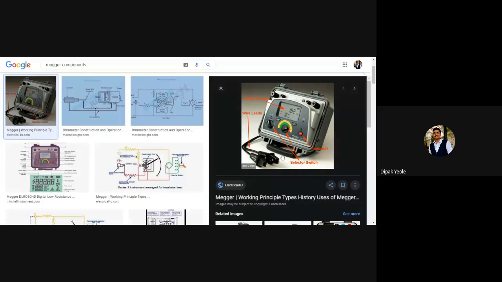This is a very handy equipment, and we use this Megger for measurement of earth resistance, dielectric absorption ratio and polarization index. These are the components of Megger. So let me stop my screen.